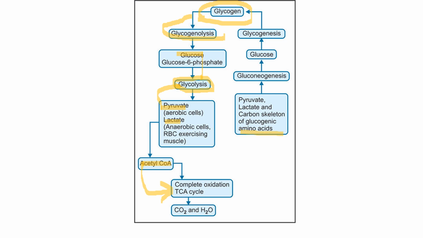Whereas non-carbohydrate sources like pyruvate, lactate and glucogenic amino acids enter into gluconeogenesis to form glucose, and this glucose enters into glycolysis to form ATP. When glucose is formed in excess, it also enters into glycogenesis to form glycogen. So these are the differences and similarities between glycogenolysis and gluconeogenesis.